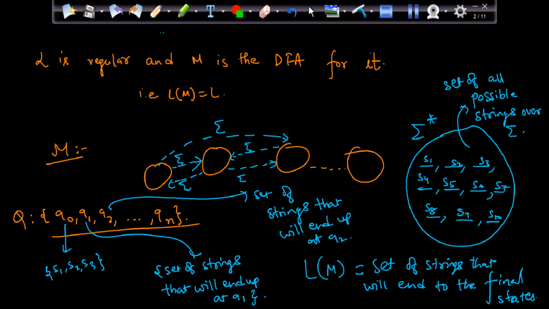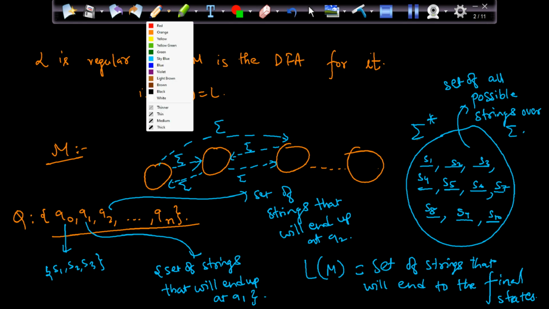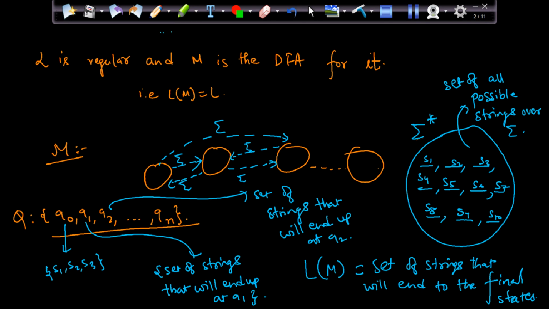Now, suppose F is the set of final states, and you have Qi, Qi plus 1 and Qi plus 2 as the final states.